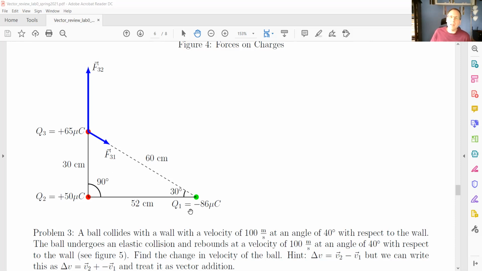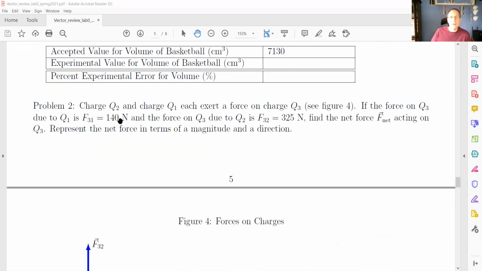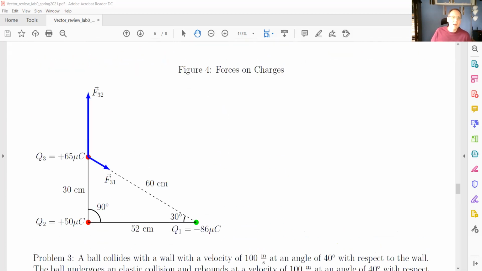Okay, you don't have to know anything about charges and Coulomb's law. We'll learn that when we talk about electrostatics. All you have to know is that the force is in this direction, and we know the magnitude is 140 newtons.